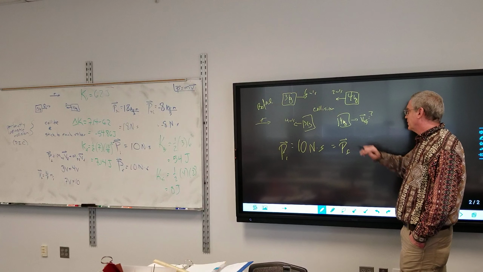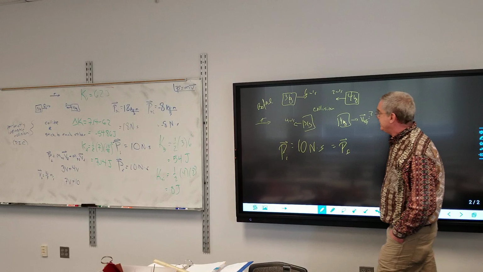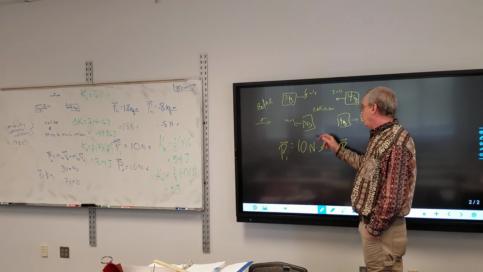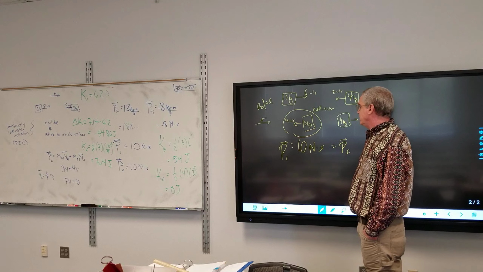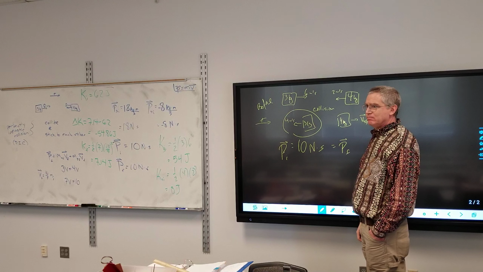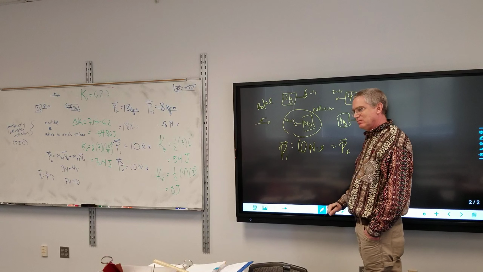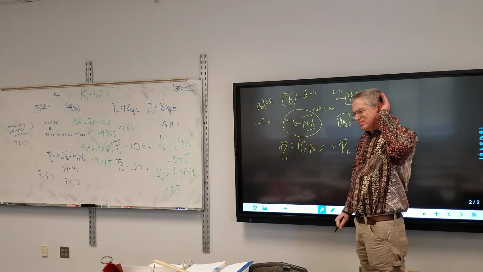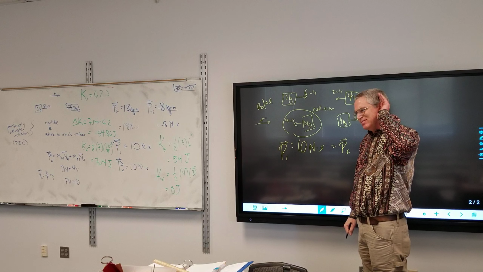Conservation of momentum. All right. So what is the momentum of the 3 kilogram mass after the collision? 12 Newton seconds.